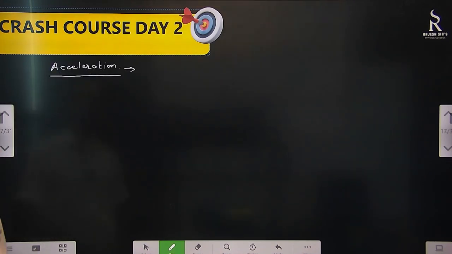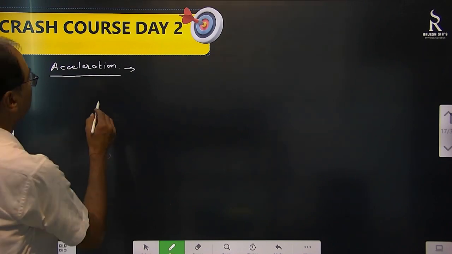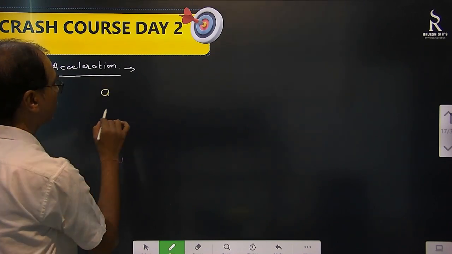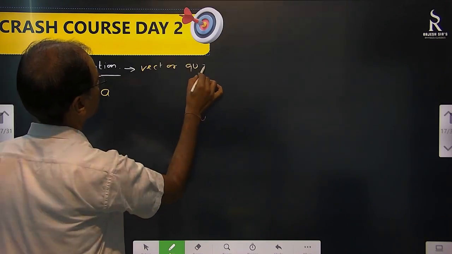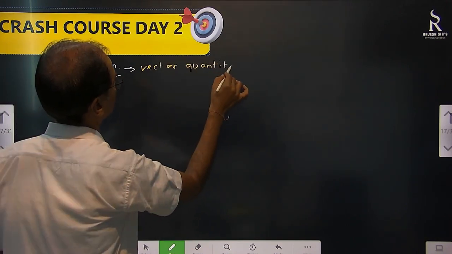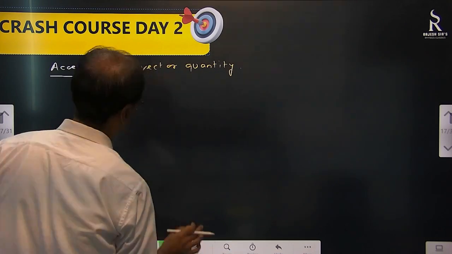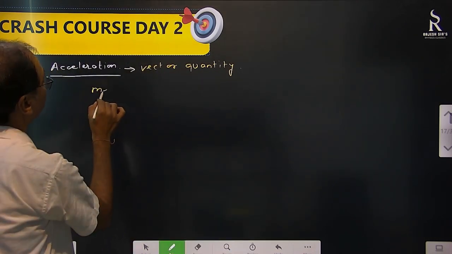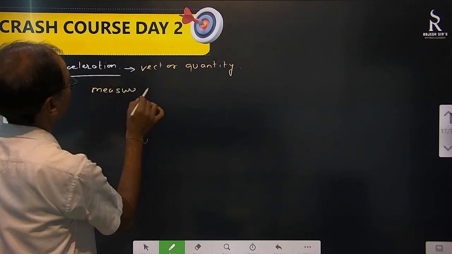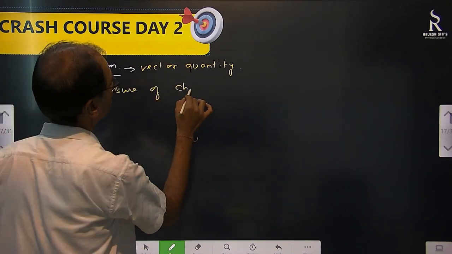Acceleration. What is acceleration? Acceleration is a vector quantity. Yes. What is acceleration actually? It's a measure of change in velocity.